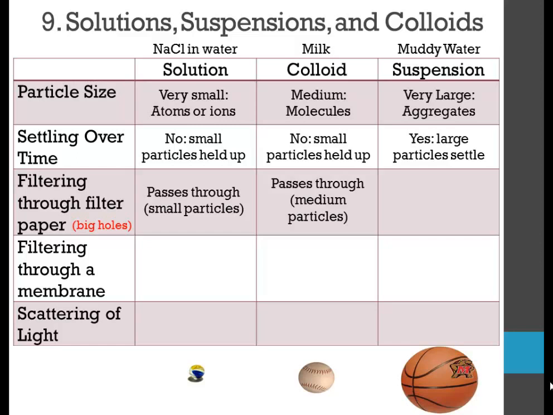So if I were to filter salt water, at the end I would still have salt water. And if I were to filter milk, at the end I would still have milk. It would all pass through the filter paper. But if I were to filter muddy water, all of the mud and the dirt, which are large particles, would get caught in the filter. They're too large to pass through those holes. So my muddy water would come out clear because we'd catch all of the mud.